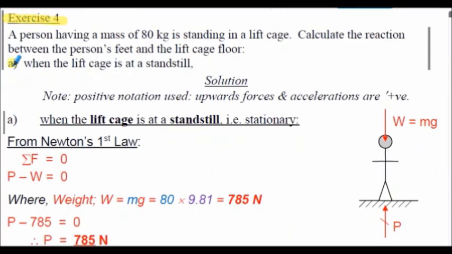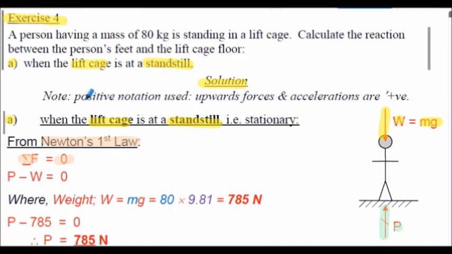Exercise 4, solution. For part A, when the lift cage is at standstill, this is a static equilibrium situation. The weight force W is equal to mg acts vertically downwards, and the reactive force from the lift cage on the person is shown upwards here. So this is a Newton's first law problem, where a summation of all the forces applied to the body in the vertical sense must equal 0.